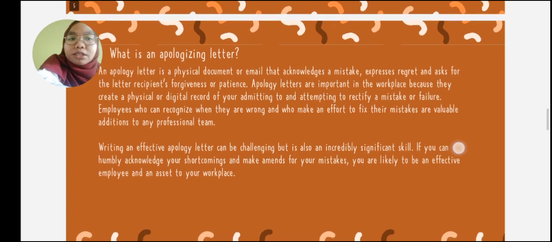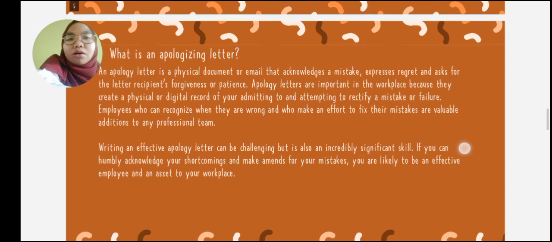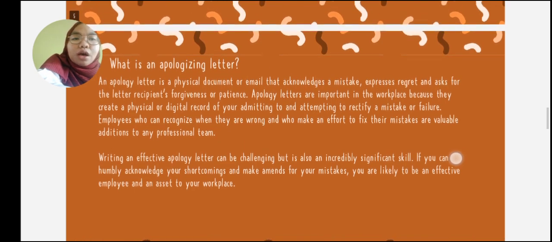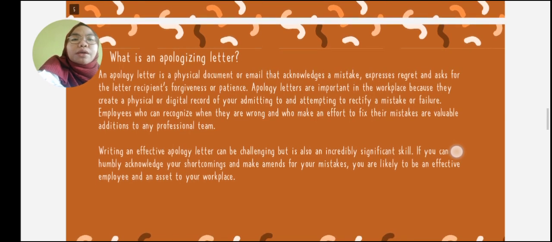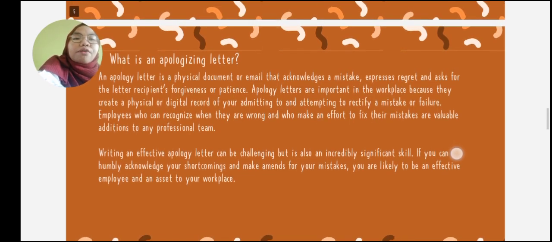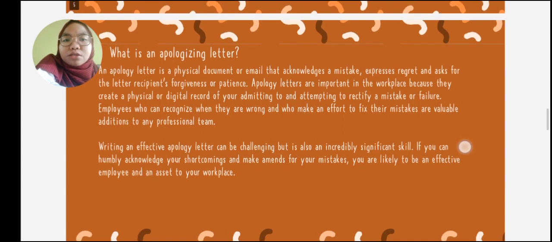Apology letters are important in the workplace because they create a physical or digital record of your admission and your attempt to rectify a mistake or failure. Employees who can recognize when they are wrong and who make efforts to fix their mistakes are valuable additions to any professional team.